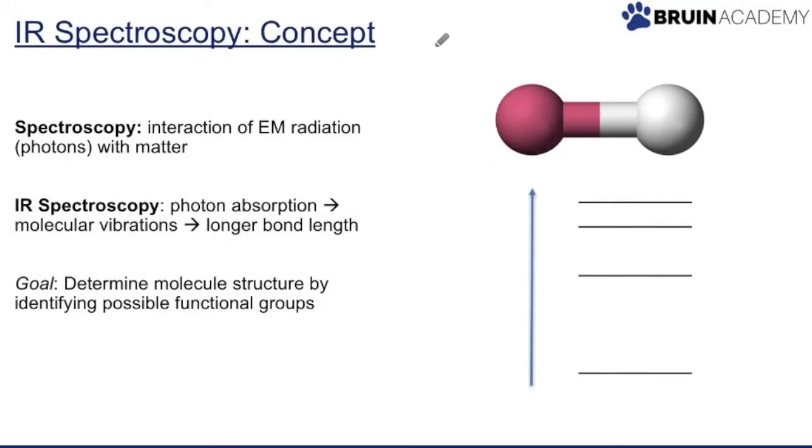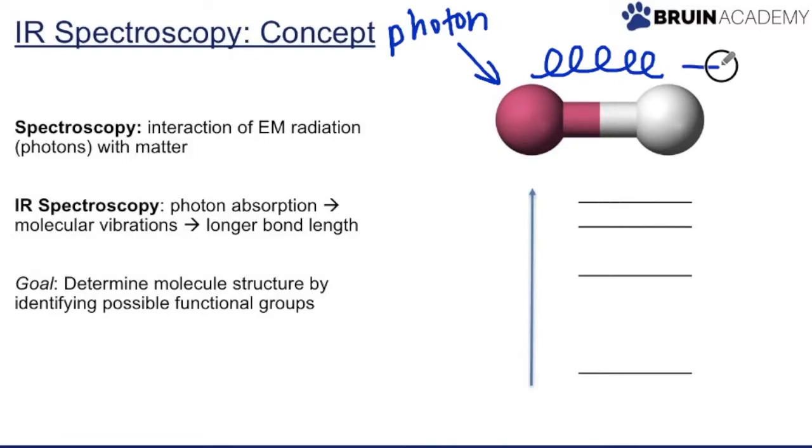And what happens is when a photon comes in and strikes this molecule, this causes a vibrational energy. A lot of molecular vibrations occur between these atoms, causing the bond to stretch. If you imagine a molecular bond looking like a spring, just imagine it vibrating and stretching and going in and out like so.